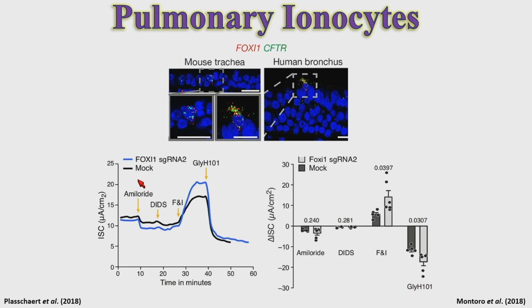In one experiment, they transcriptionally activated FOXI1 and measured the short circuit current. They found that chloride secretion in the FOXI1 activation group was higher than in the control group.